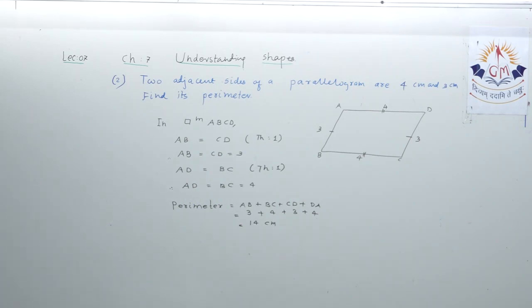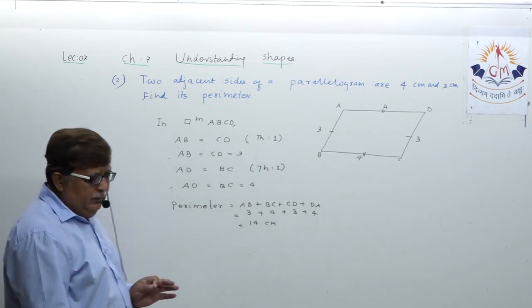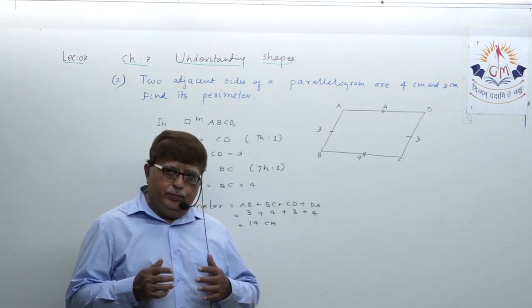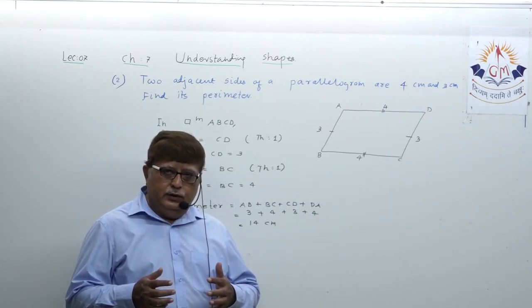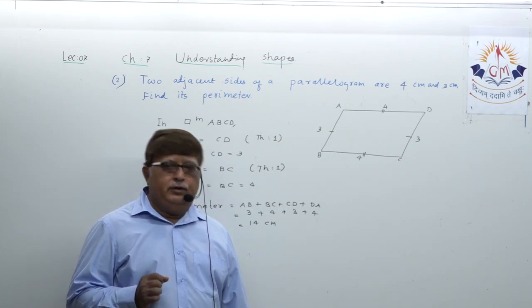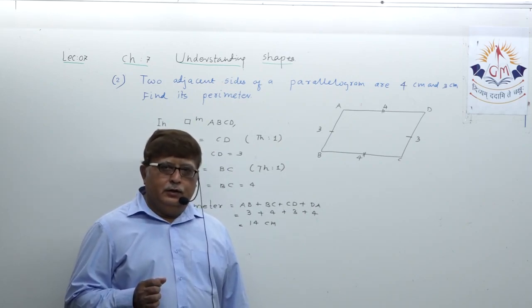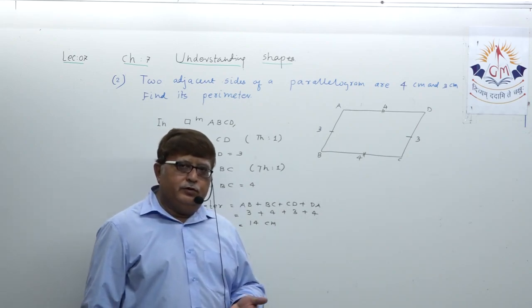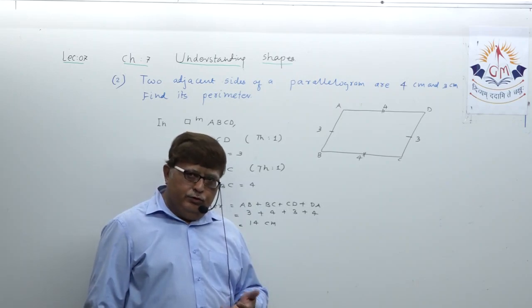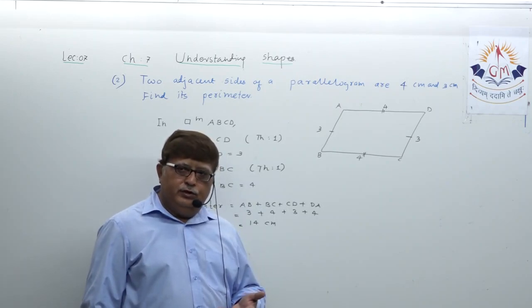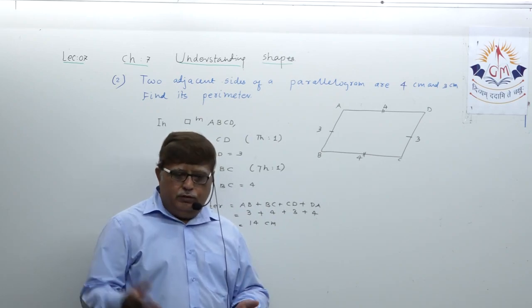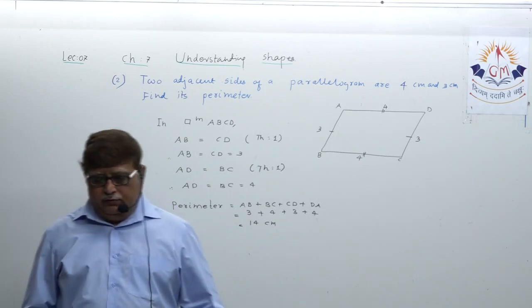So whenever you are asked any example, you have to think which property is applicable there. Understand? Nobody is going to guide you in the exam when you solve this sum.